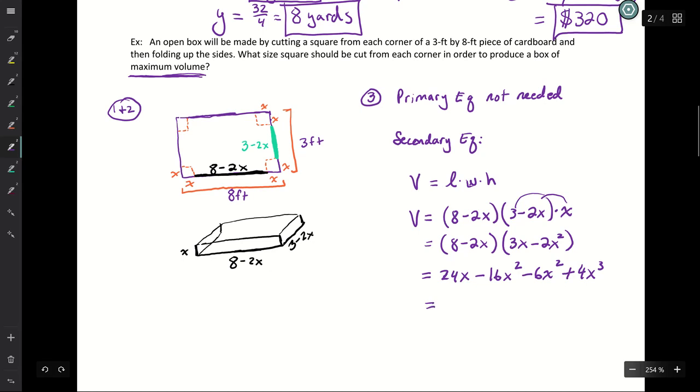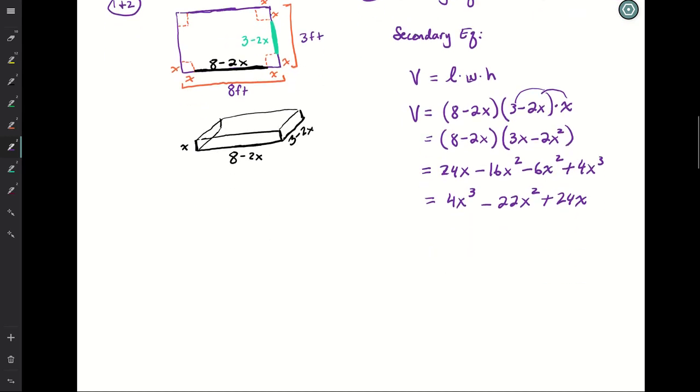And then I'm going to go ahead and put this in descending order and combine like terms. So I have 4x cubed and then minus, looks like here, 22x squared, and then plus 24x. So I wanted to gear that up to be as pretty as possible for taking a derivative.